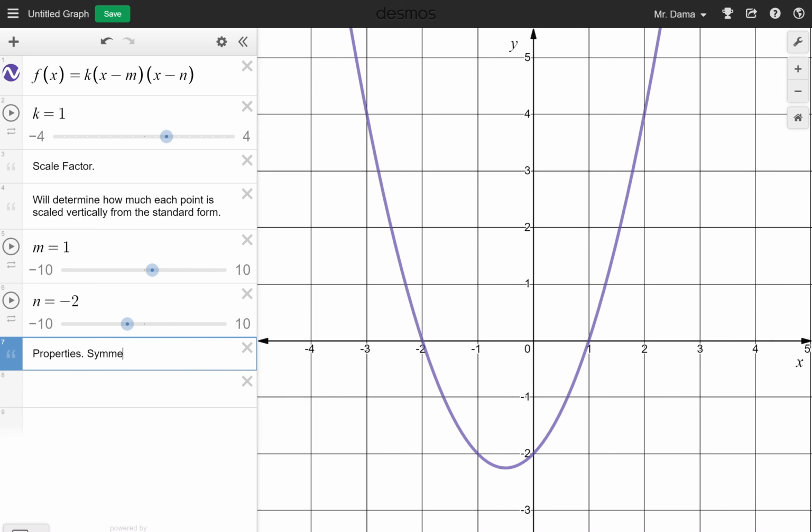Let's start with symmetry. There is a line of symmetry through x equals -0.5.